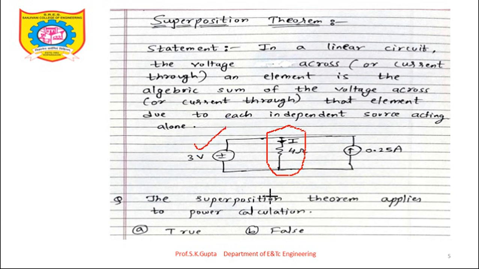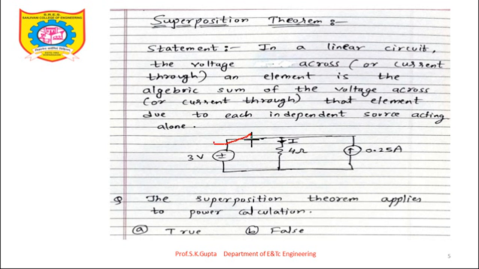That means either this independent source is acting or that independent source is acting. Acting alone means this source is present and the other source is absent, that is, turned off. So once again, the voltage across or current through an element is the algebraic sum of the voltage or current when each independent source is acting alone.